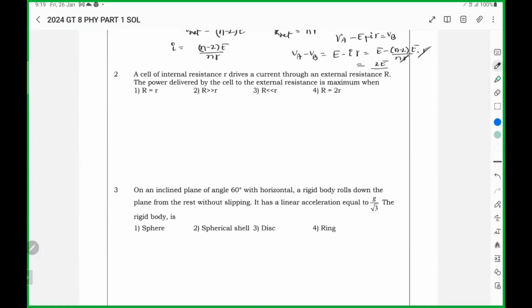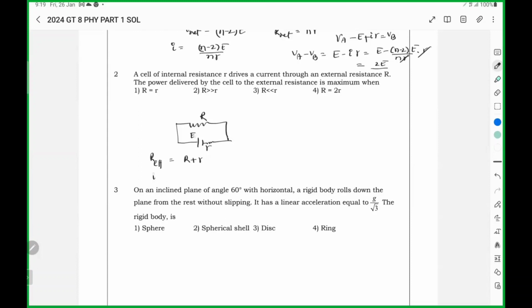Here, a cell of internal resistance r drives a current through an external resistance R. So effective resistance is R plus r since they are connected in series.